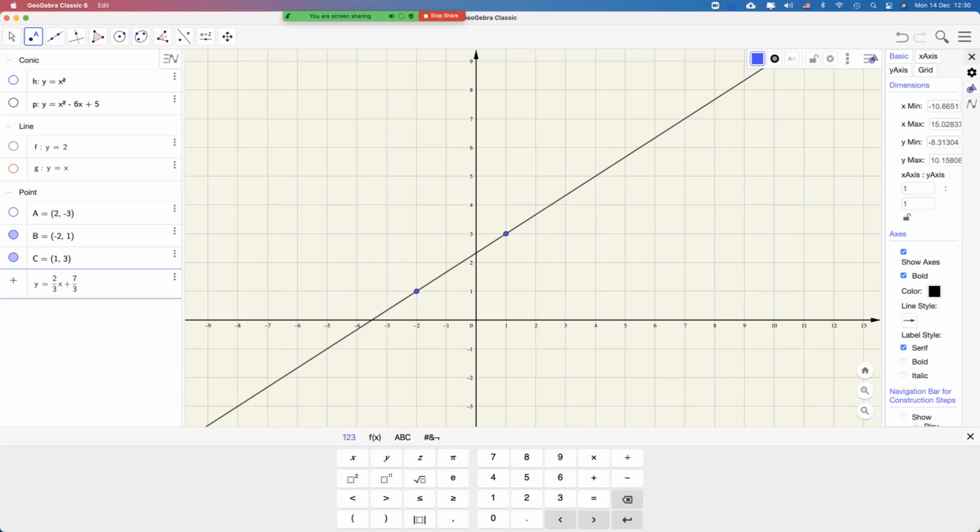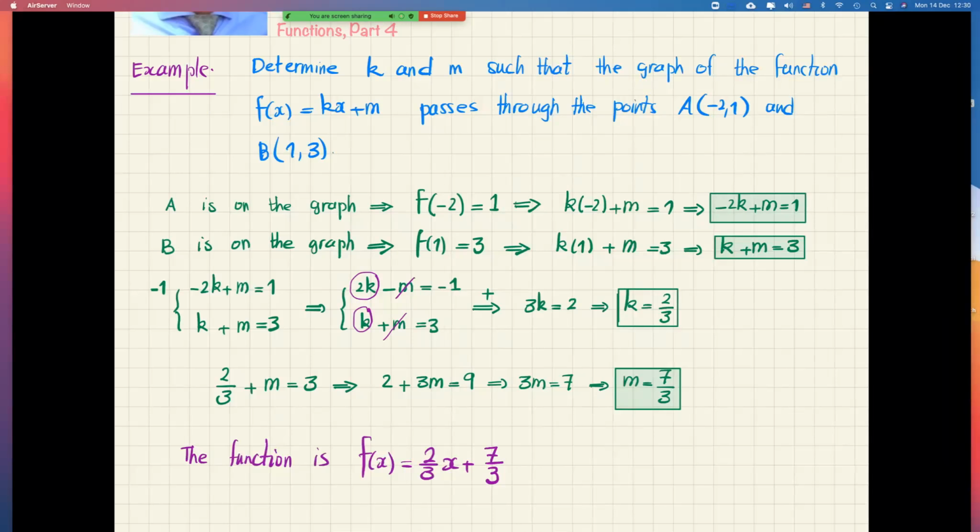Are there any questions? Yeah, I have a question. Yes, please. When you try to get the m. Yes. Let me go to the page. Okay. Could you do 3 minus 2/3, and then you get the m?